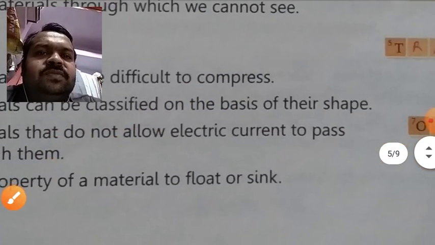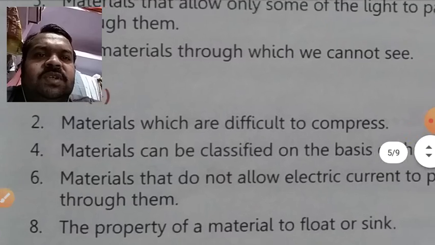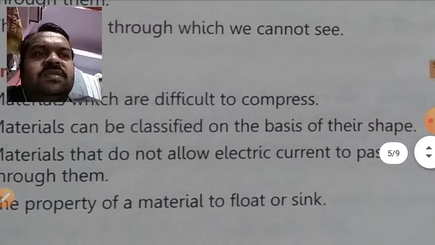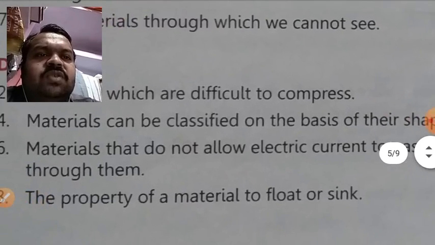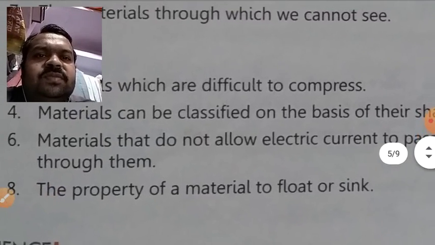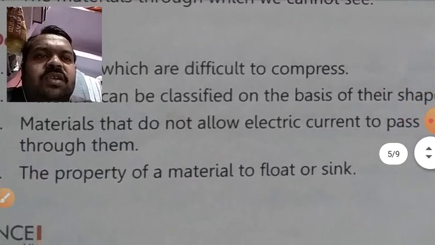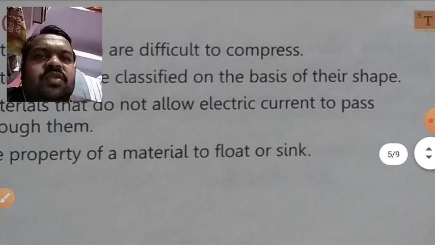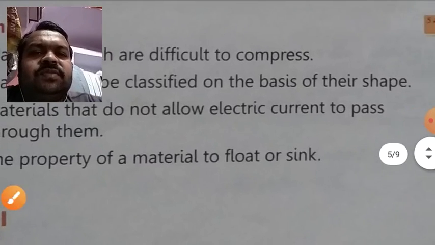Next, number 6. Materials that do not allow electric current to pass through them.